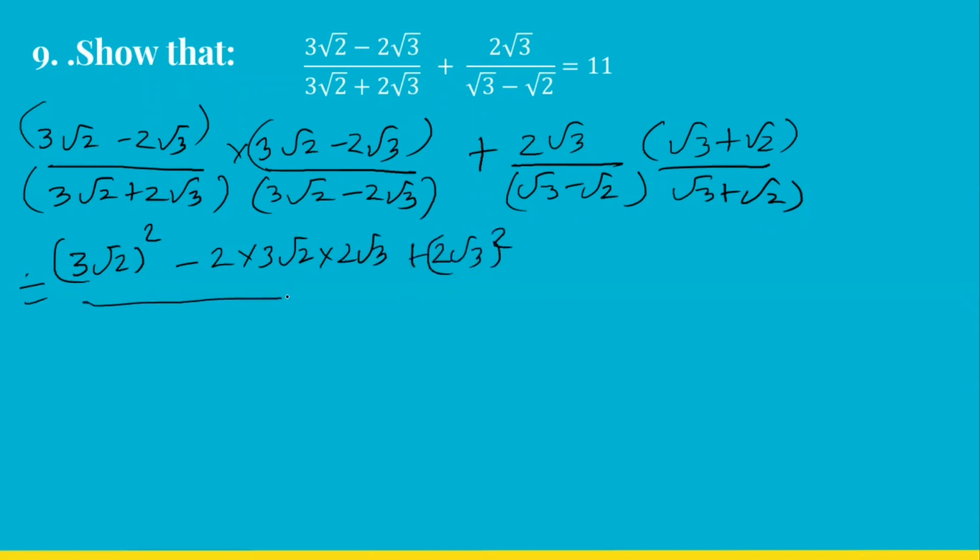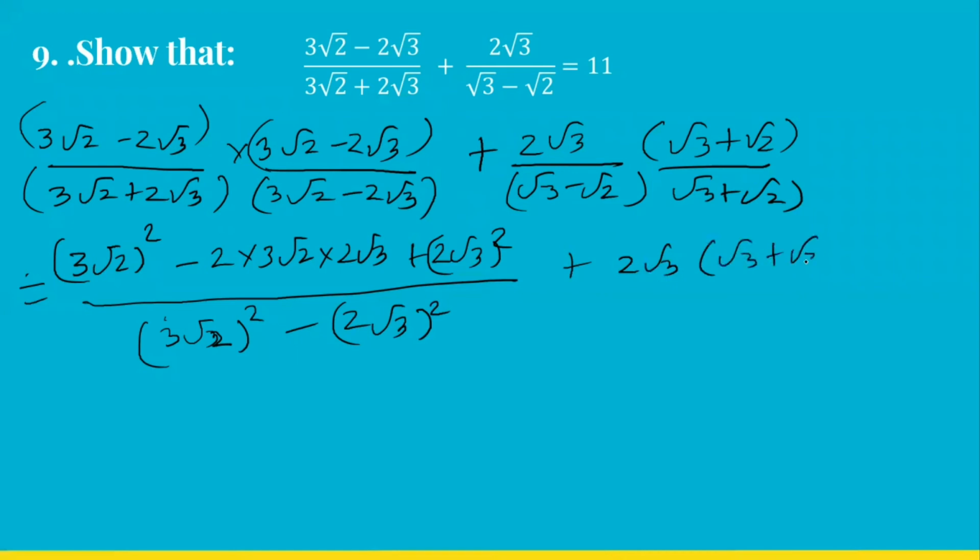Denominator we have (a plus b) into (a minus b), which becomes a square, (3 root 2) square minus (2 root 3) square. Again here we have 2 root 3 in bracket, 2 root 3 in bracket, root 3 plus root 2. We'll simplify it further. Denominator we have (a minus b) into (a plus b), that is root 3 square minus root 2 square.